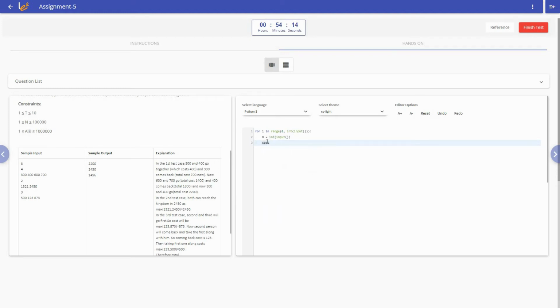Now let us take the input of cost. Let us assign a variable total cost where we'll be counting the values.